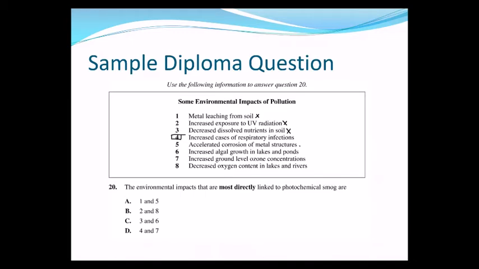Accelerated corrosion of metals, again, that's acid rain. Increased algal growth in lakes and ponds, that is fertilizer runoff, which we haven't talked about yet. Increased ground levels of ozone contaminants, yes, ground level ozone and photochemical smog are linked. And decreased oxygen content in lakes and rivers, that's fertilizer again. So 4 and 7 is the correct answer.